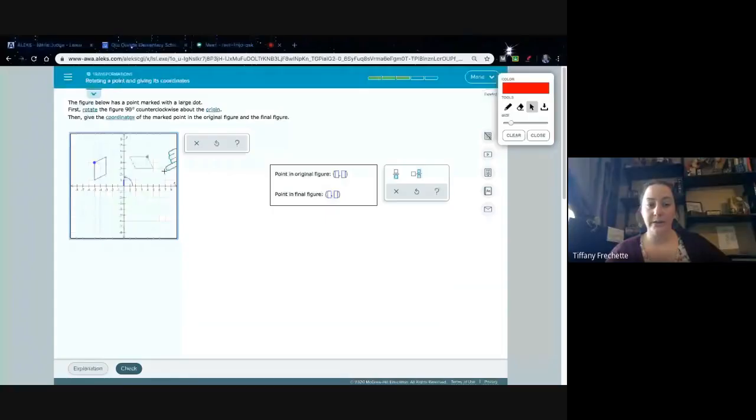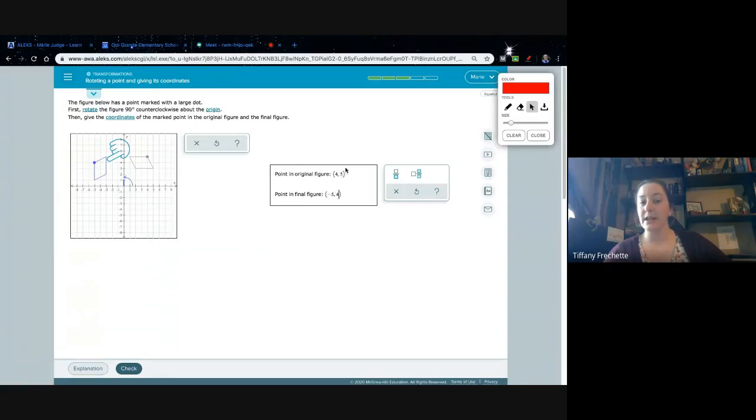All right, so for my original point, I had to go right 4 and up 5. And then for the final point, I had to go left 5, up 4. Look at that. They switched again. So 5 and 4 switched spots, but now Y changed signs again on this one.